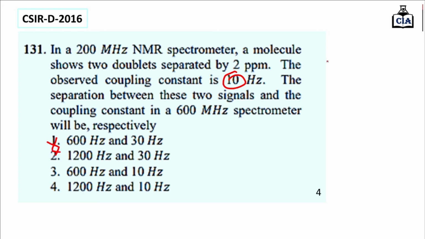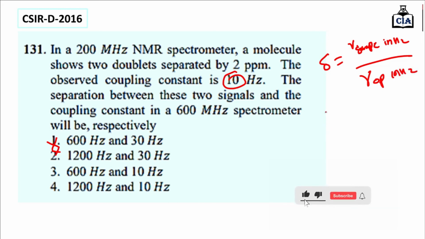Now next, we know the formula: chemical shift value in ppm equal to frequency of sample in hertz divided by the operating frequency in megahertz. So just put in all the values of operating frequency and chemical shift value to calculate the frequency of the sample. So here is 2 ppm divided by, here, the sample frequency divided by the operating frequency 600 megahertz.